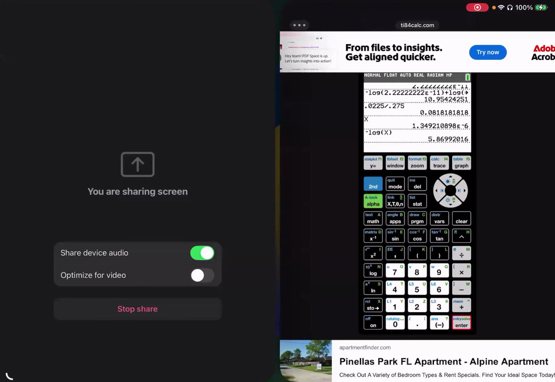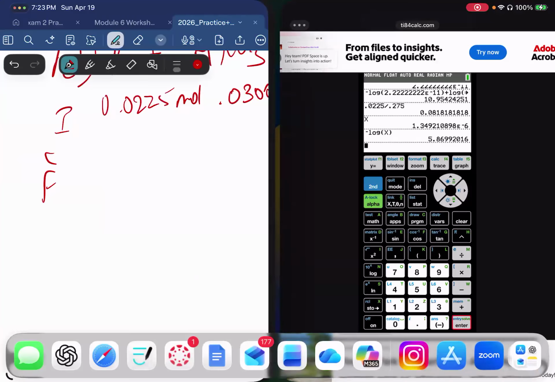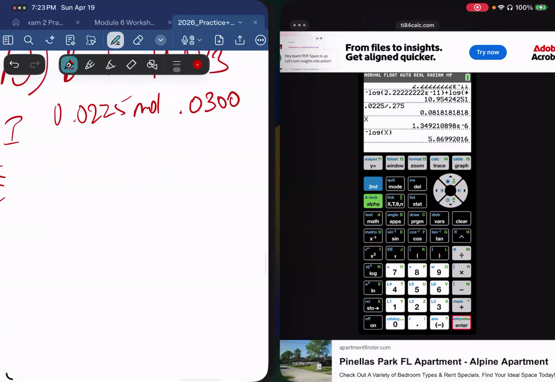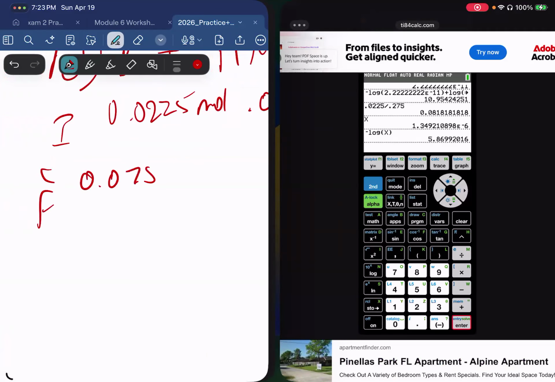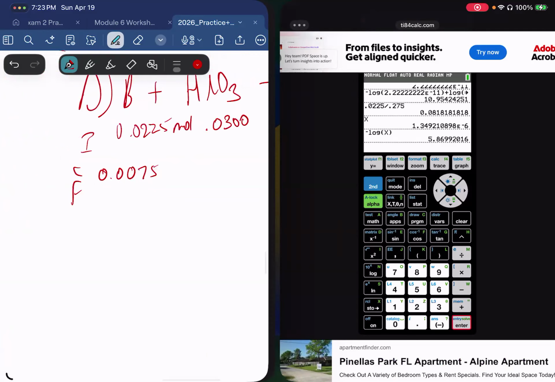So we can do, let's go back. Sorry about that. I'm almost done. So this is going to be 0.0075. Sorry, we're going to do 0.03 minus 0.0225.